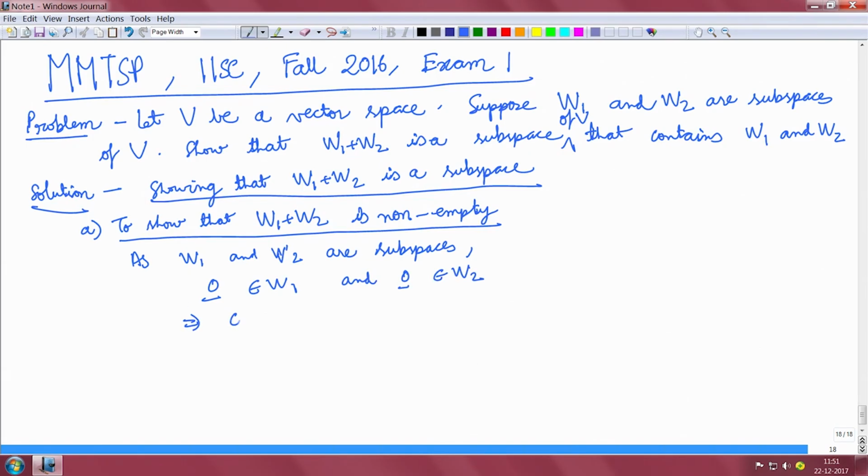Therefore, 0 plus 0, which is the 0 vector, belongs to W1 plus W2. So, we have proved that W1 plus W2 is non-empty.